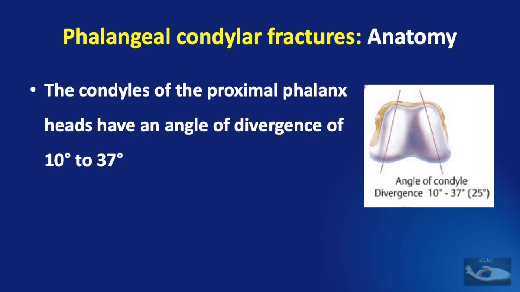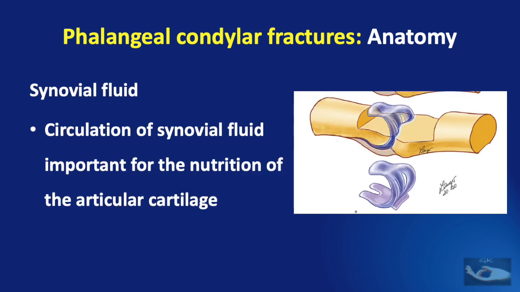The two condyles on the head of the phalanx are not parallel. They have an angle of divergence of about 10 degrees to 37 degrees. Within the joint is the synovial membrane, and the synovial fluid is important for the nutrition of the articular cartilage and secondarily for healing of any fracture that can occur.